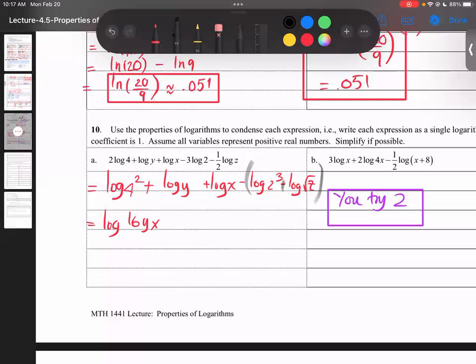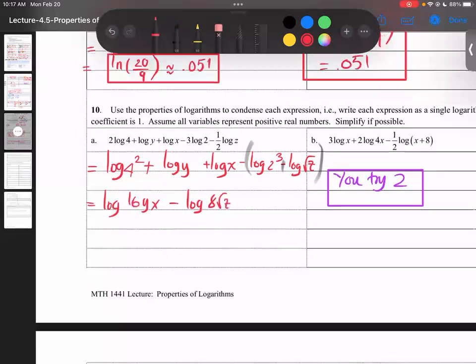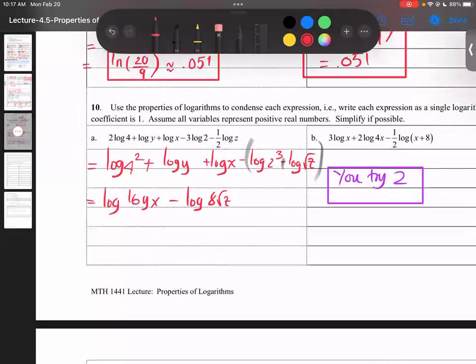Now I can combine those two using the product rule. Minus log 2 cubed is 8, so 8 root z. Now we apply the quotient rule, so 16xy over 8 root z.